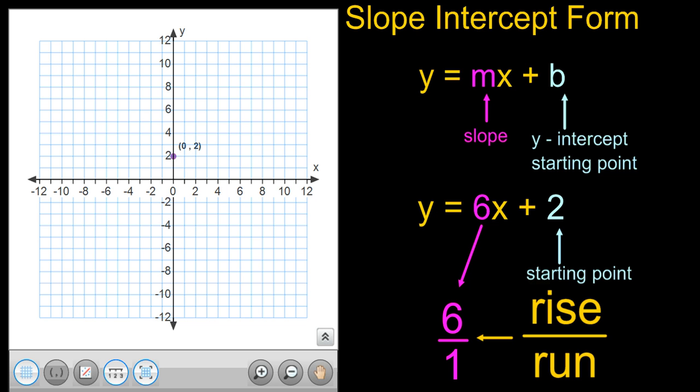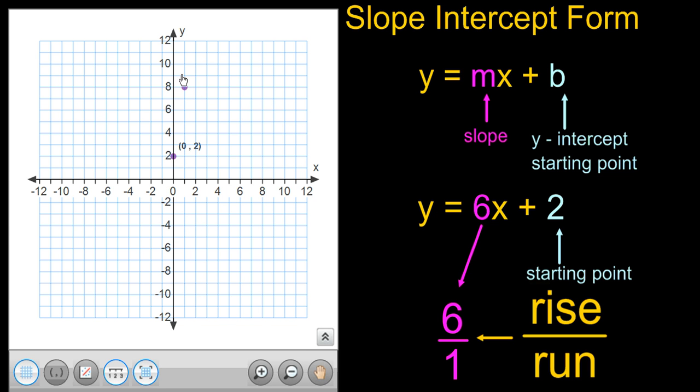What I mean by that is, if we're at a point 0, 2, then I'm going to go up 6, or rise 6 points, which brings me to 8, and then I'm going to go to the right 1. Now, if the top number would be a negative value, that means you're going to go down. Or if the bottom number was a negative value, instead of going to the right, you would go left.